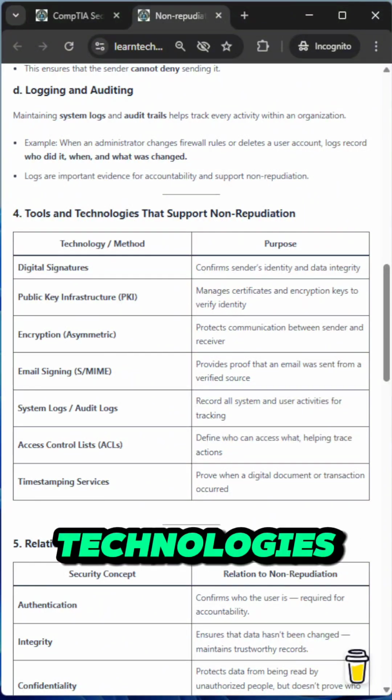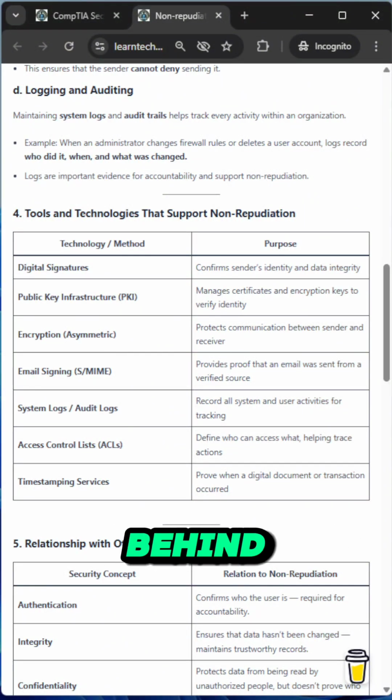So what are the technologies that go behind the non-repudiation concept? If someone does something, how can a person or a system not deny that they did it? The first method is digital signatures. When you do something, your computer or your device will use the digital signatures within its systems.